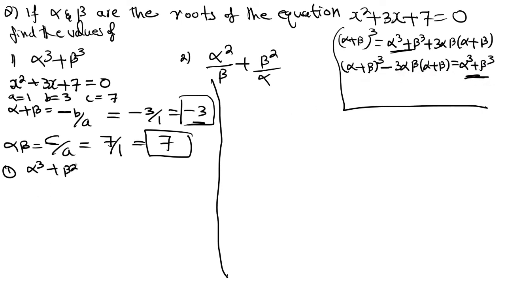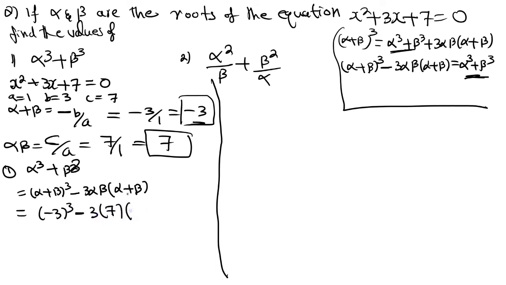So here alpha cube plus beta cube is equal to (alpha plus beta) whole cube minus 3 alpha beta into (alpha plus beta). What is alpha plus beta? It is minus 3, cubed, minus 3 into alpha beta, which is 7, into alpha plus beta, which is minus 3.